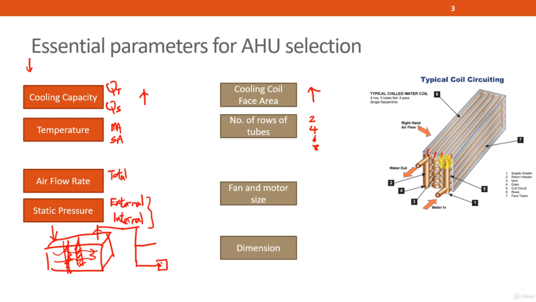If you have 6 rows, then there will be another 2 tubes carrying chilled water going in and coming out. If you increase the number of tubes, the coil is capable of removing more heat as well as lowering the temperature.